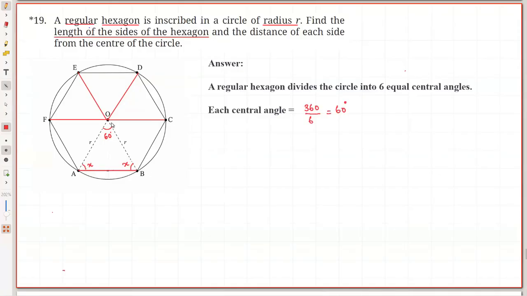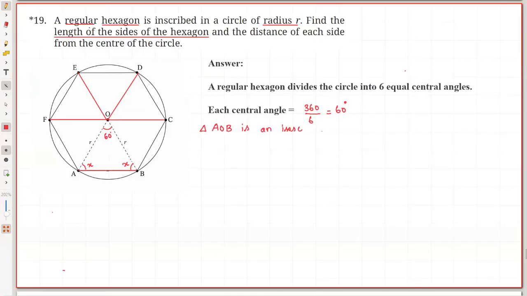I can just consider AOB is an isosceles triangle.